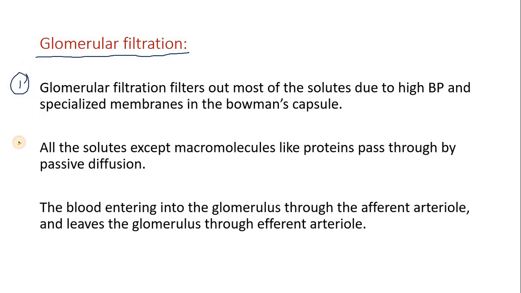Now the second point is all the solutes except macromolecules like proteins pass through by passive diffusion. Macromolecules, as we know, are carbohydrate, protein, fats, lipids, DNA, RNA. These cannot filter. They again pass into the bloodstream.